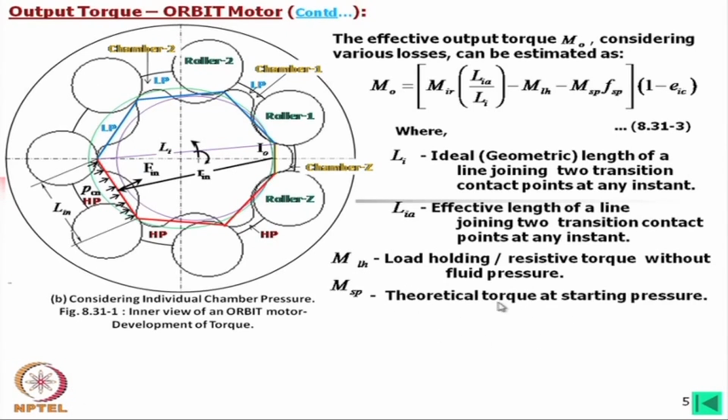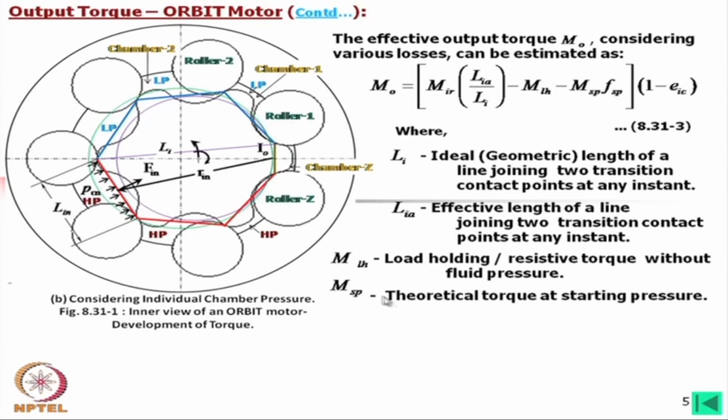Next, we consider the theoretical torque at starting pressure. That means we are giving a pressure, but still it is not moving. So, the pressure working on these machines without moving, that is the load holding part.